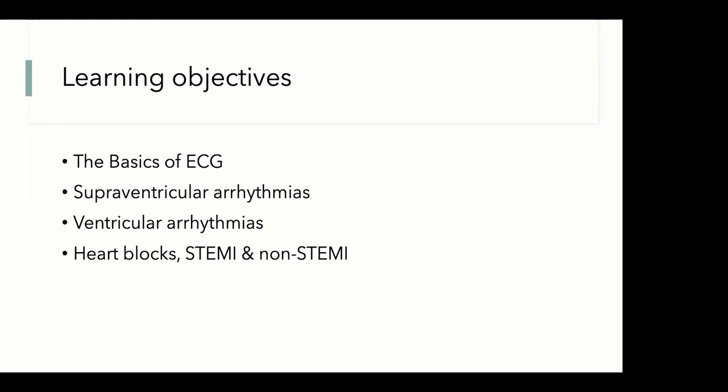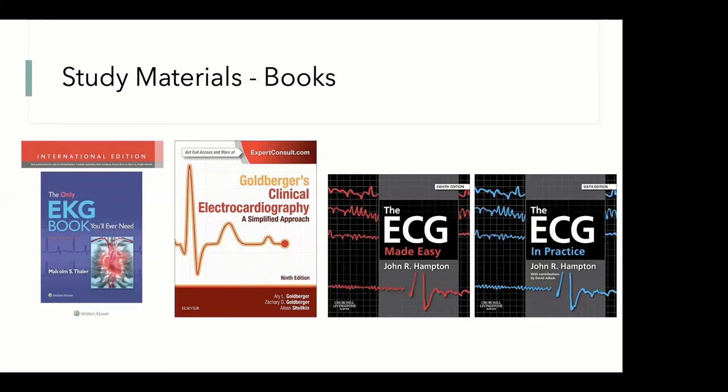Now, no lecture is perfect, so I think your books are always your best friend. Personally, I use the only ECG book you will ever need as a basis for this lecture, but as a student, the ECG Made Easy as well as the ECG in Practice books were my best friend from the 3rd year onwards in order to revise ECG. However, this will not be enough. You need someone to do some extra explaining that the books cannot provide.